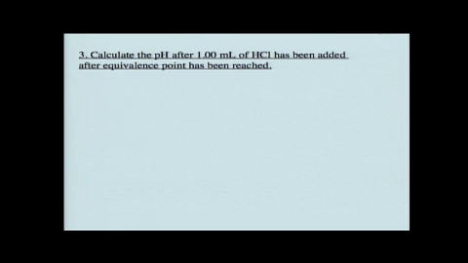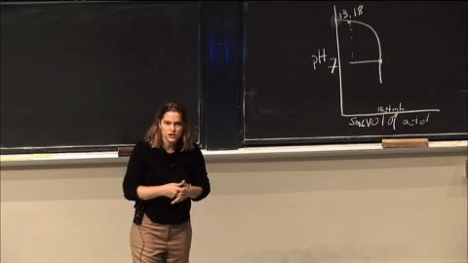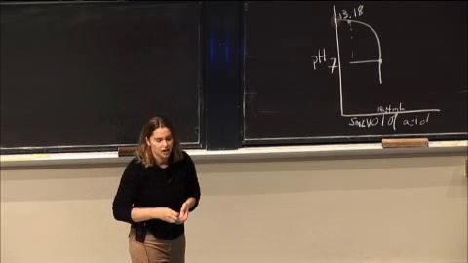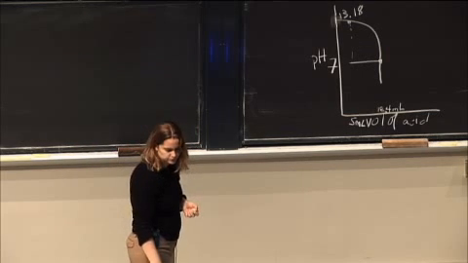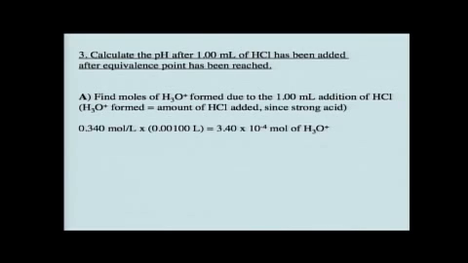So now we can talk about what happens if you add an extra milliliter of your acid after you've reached that equivalence point, which is something that people have probably done when doing these titrations, not meaning to, going well beyond the equivalence point. First we can find the number of moles of the strong acid that we've added extra.